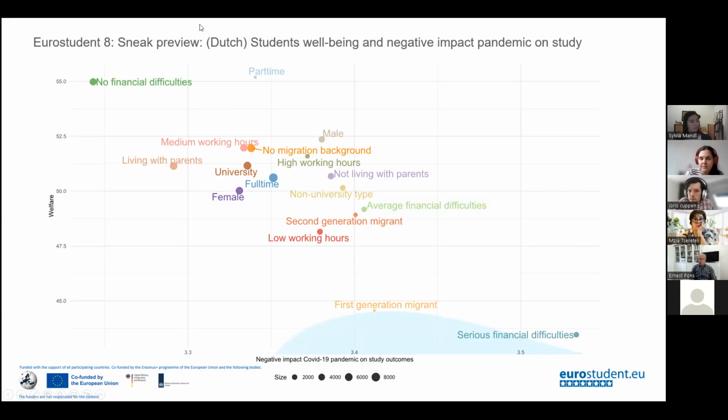So that's on the x-axis, and the higher score means that they report more negative impact of the COVID-19 pandemic. And on the y-axis, you see the well-being of students, and that's based on a different topical module, the mental health and well-being topical module.